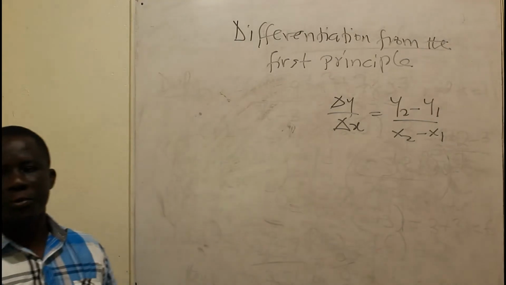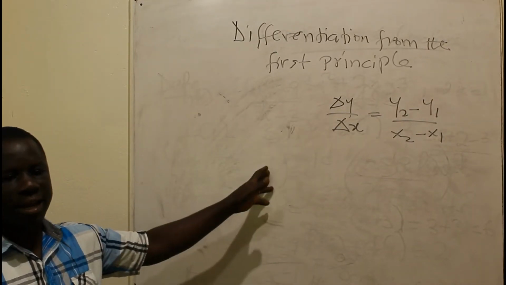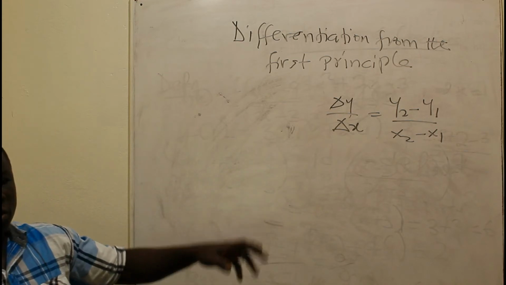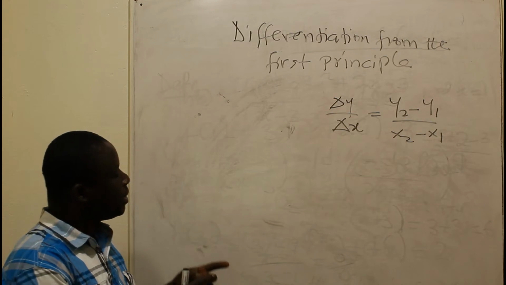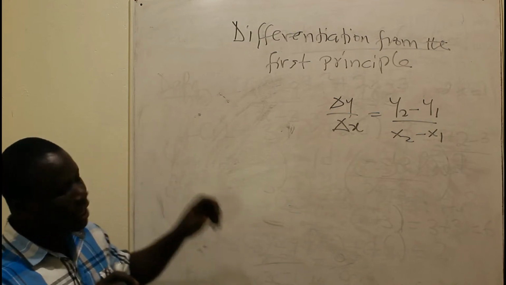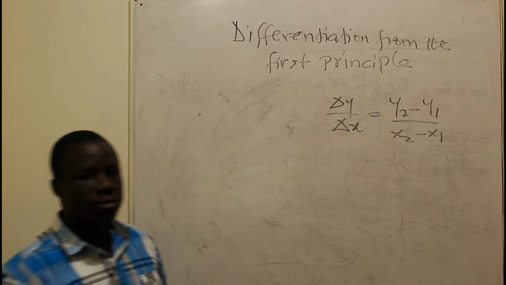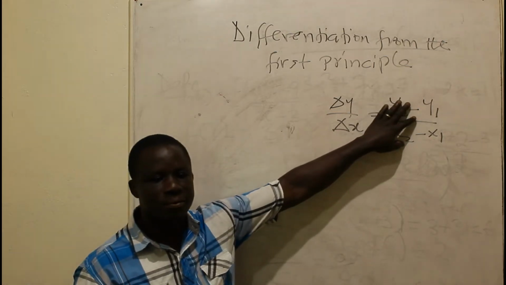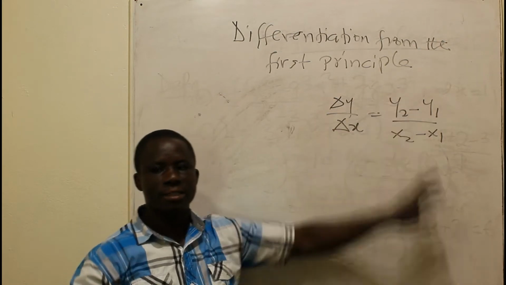This is the first approach that we have been using to find the slope of a straight line. So the same approach is going to be applied to find the slope of a function at a particular point, hence the name first principle. When you know this principle, you apply it on the function to find the slope.